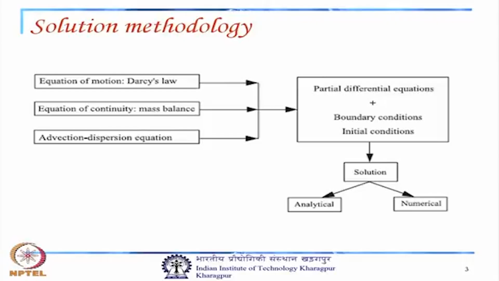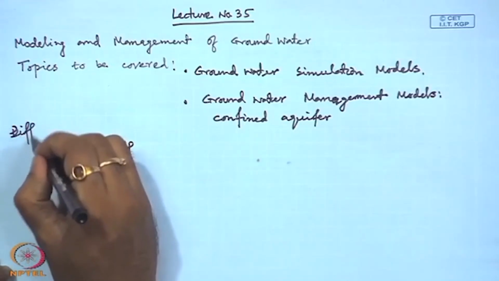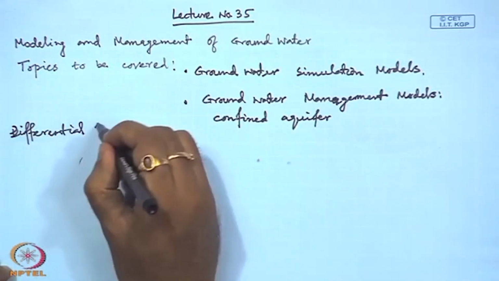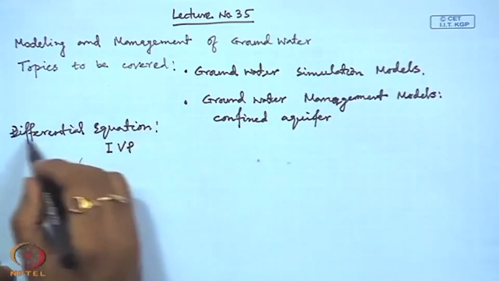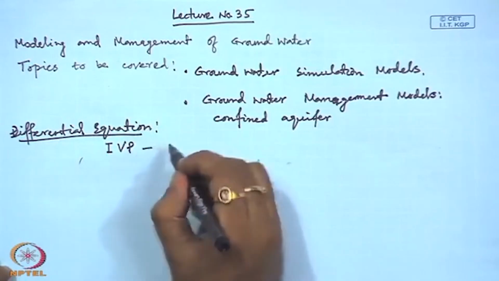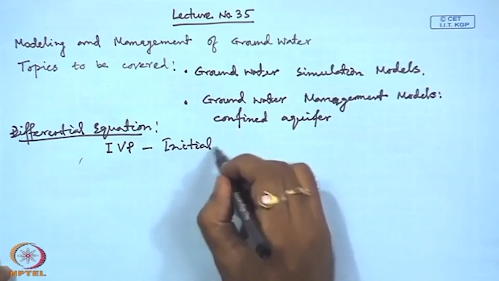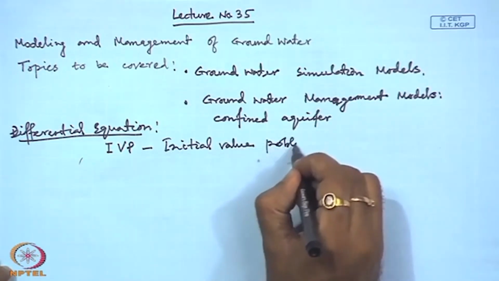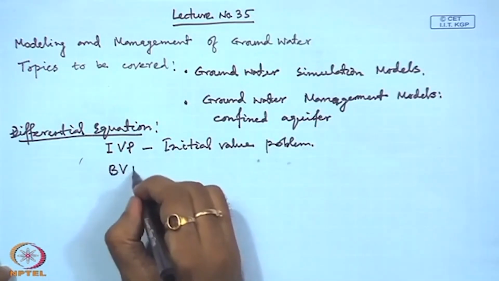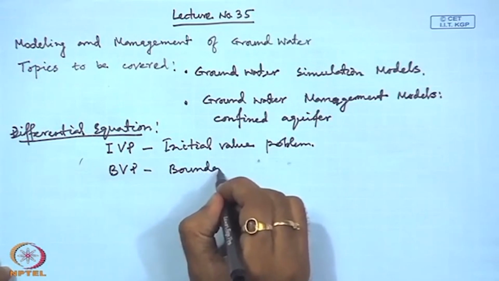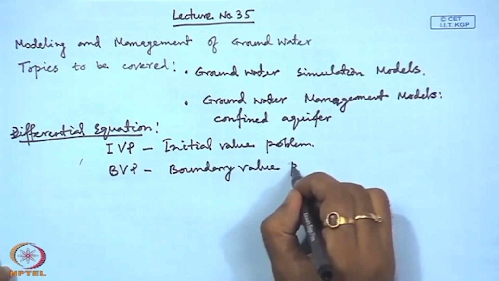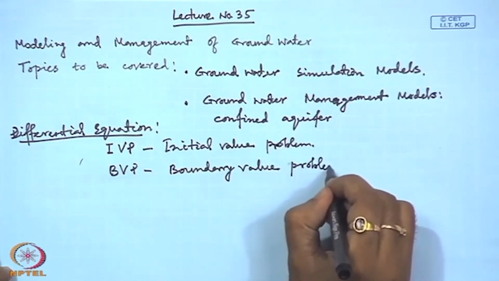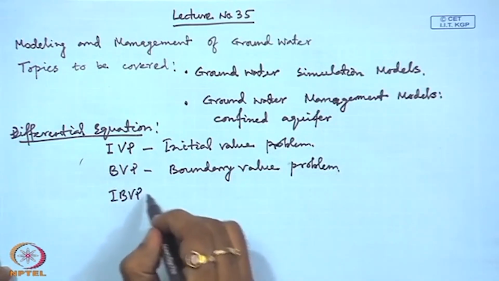So, for a particular problem we can have either an initial value problem, IVP, or a boundary value problem, BVP, or an initial boundary value problem, IBVP.